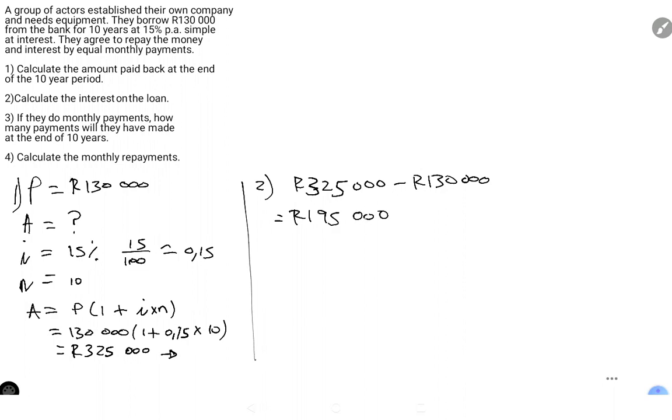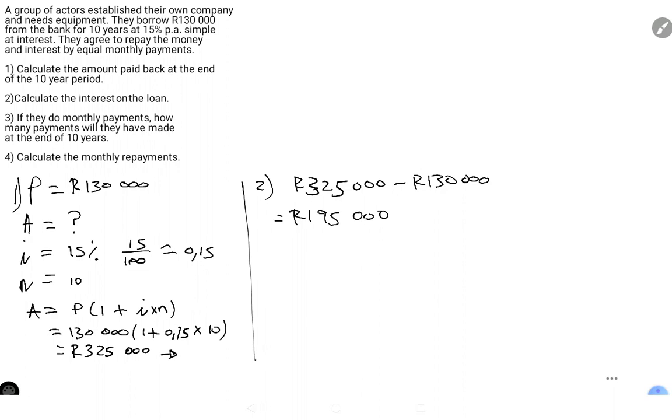And again, this is simple because you want to know what's the interest, what's the difference, what are you paying over and above what you were given. And so that's what you do. You take the amount that you've paid after 10 years, subtract the amount that they gave to you, and the difference is interest.